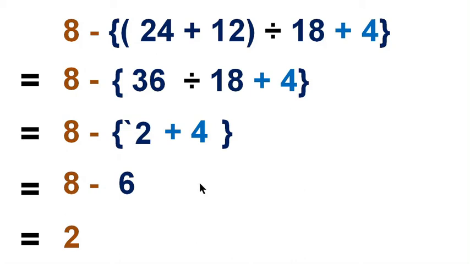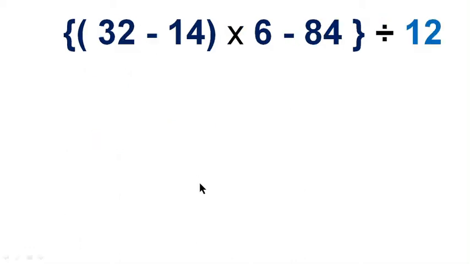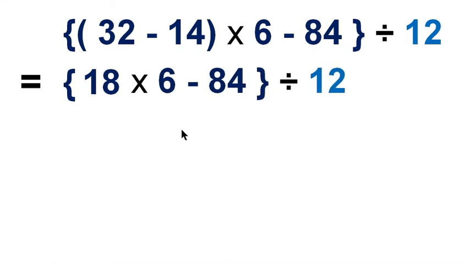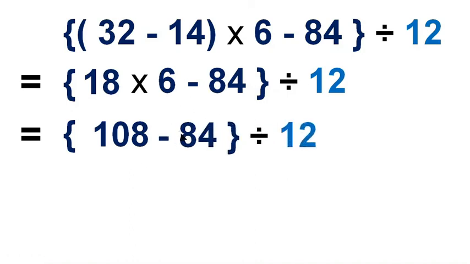Let's go to the next one. Here at first we will subtract. Our difference will be 18 here, and all these will be written here same. Now we will multiply here. If we multiply, we can get 108, and all these will be written here same.